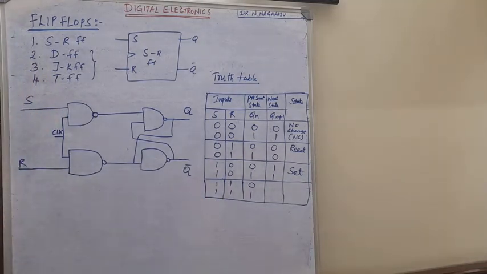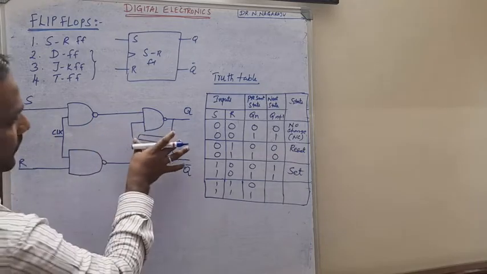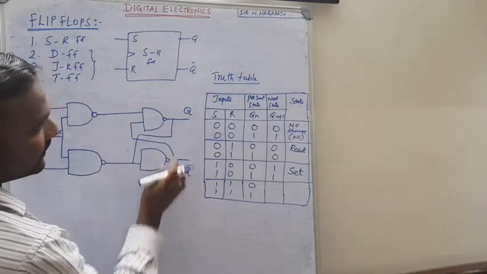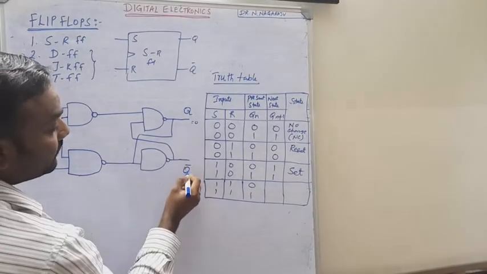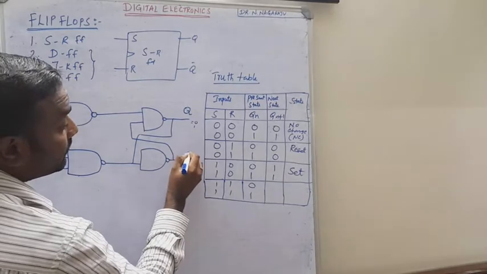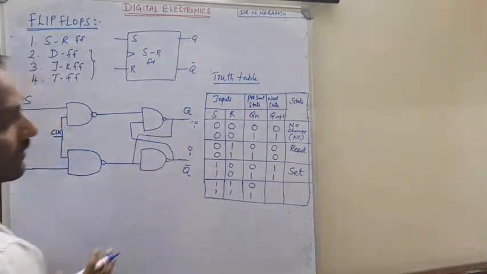In this circuit, Q and Q bar must be complemented. For example, if Q is equal to 0, Q bar must be 1. If Q is equal to 1, Q bar must be 0. So that is the main concept.